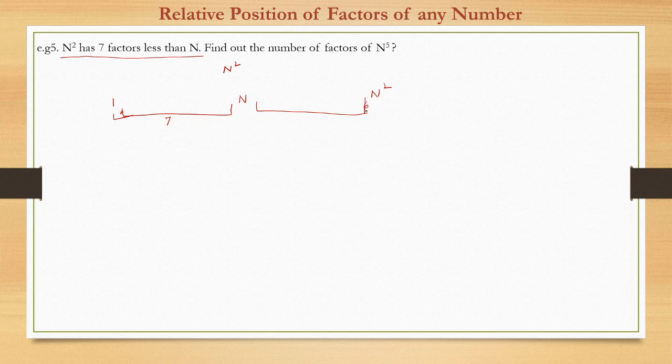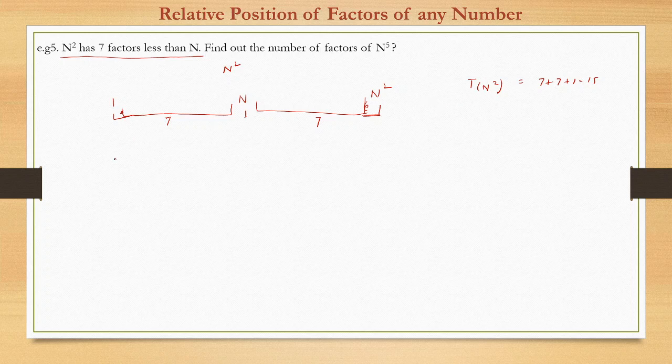And including n square, this side also has to be 7, and n is the one factor. So what is the total number of factors of n square? 7 plus 7 plus 1 is equal to 15, right? So 15 factors of n square.